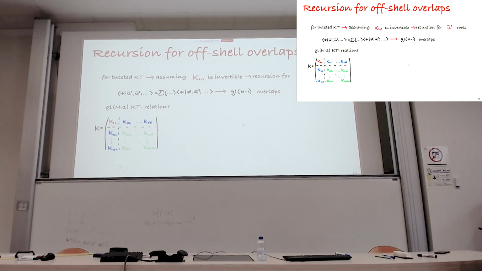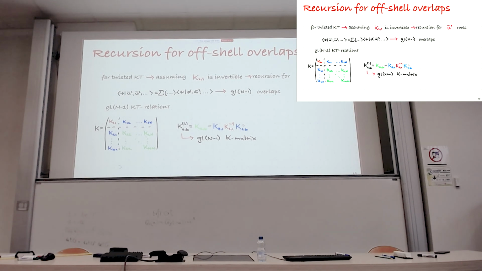But it turns out it does not satisfy the KT relation in this subsector. But we can introduce a nested K matrix, which is a combination of this green block and then this column and row in this way. And it also contains the inverse of the K11.